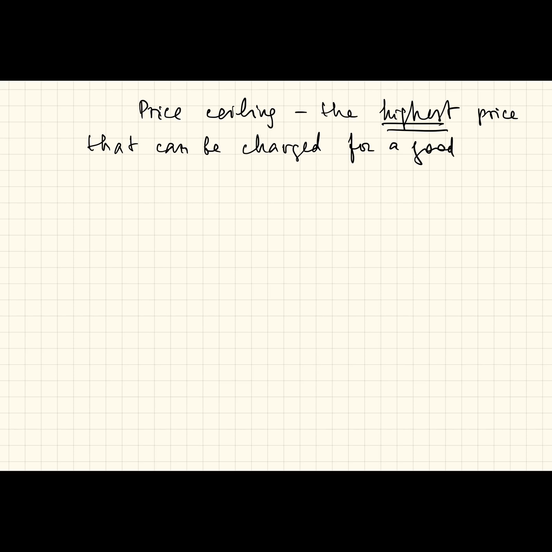So if you look at your axis for price, and this is your price ceiling, then it means that you can charge up to this price. So any lower price will be fine, and actually this price itself will be fine. But anything above will be illegal.